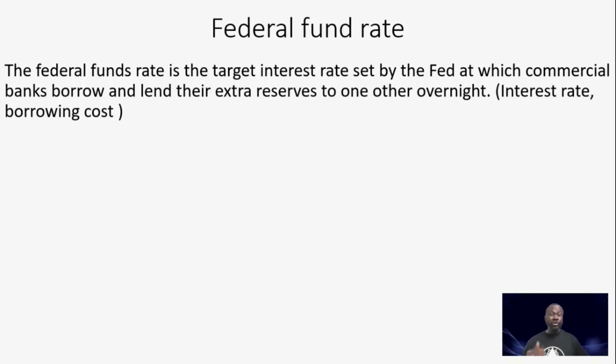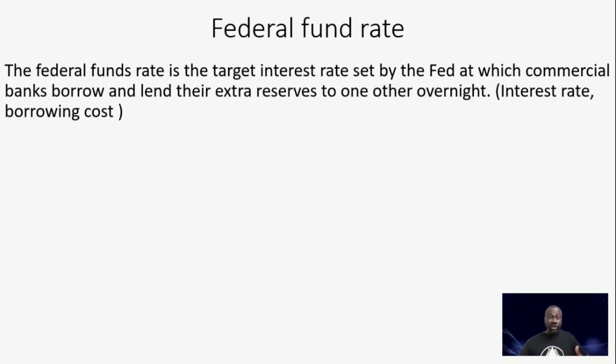So if you know the Fed is about to set interest rate, you need to know that, because as an investor or trader, stock price will go up or down, index will go up and down, currency price will go up and down, because when the Fed increases the interest rate, the value of the US dollar will increase. When the Fed brings it down, the value of the US dollar will decrease.